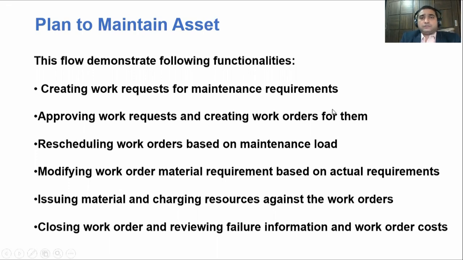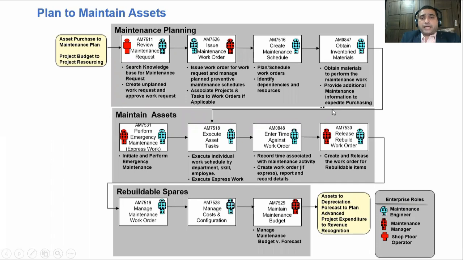In the diagram, if you see, it involves multiple roles like maintenance engineer, maintenance manager, or even the shop floor operator who actually raises the maintenance requirements. The inputs to this process flow are the asset purchase to maintenance plan, which came from our earlier process flow, where we purchased the asset and created the maintenance schedule or preventive maintenance schedule for it.